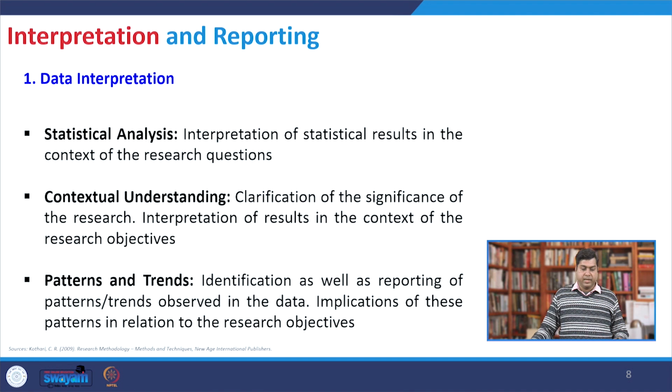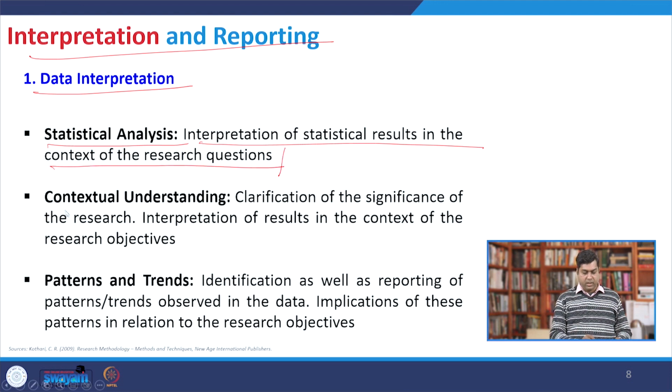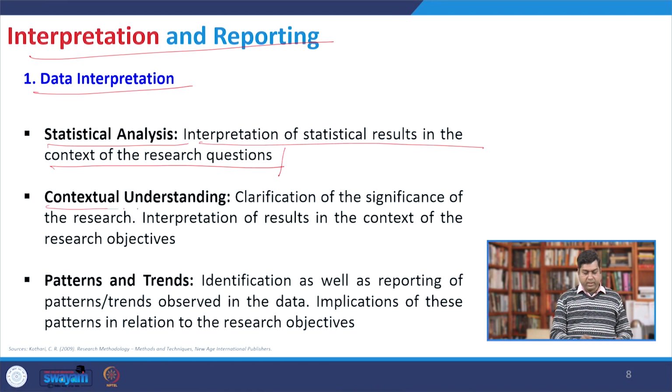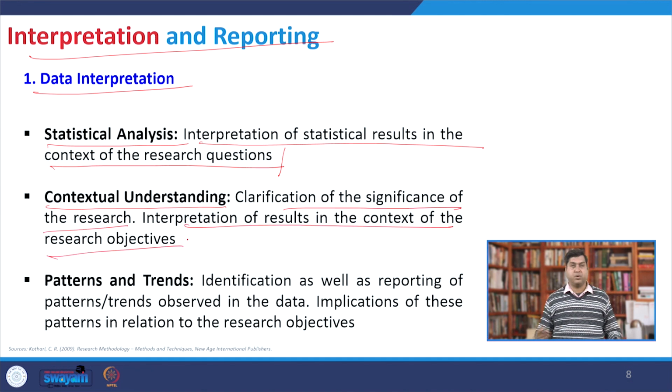Now, coming to the interpretation and reporting part. Data interpretation is the first one, where you have the statistical analysis and interpretation of statistical results in the context of the research question. Then we have contextual understanding, the clarification of the significance of the research, and interpretation of results in the context of the research objective.